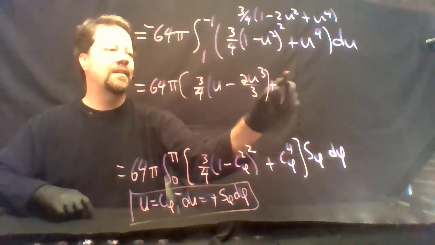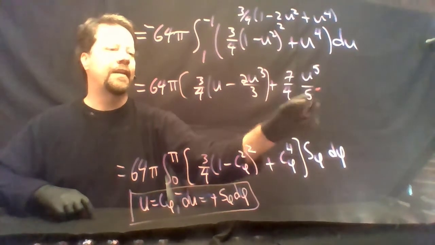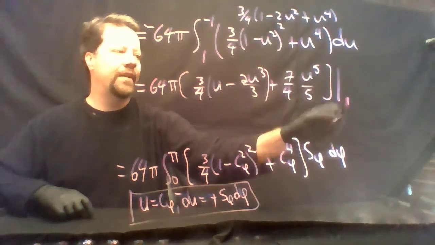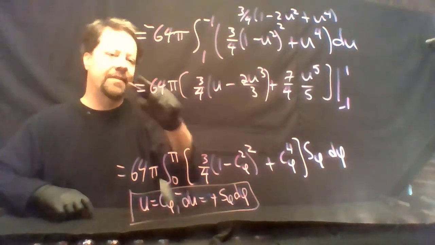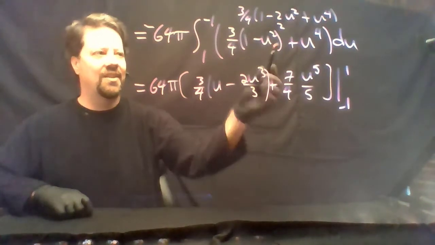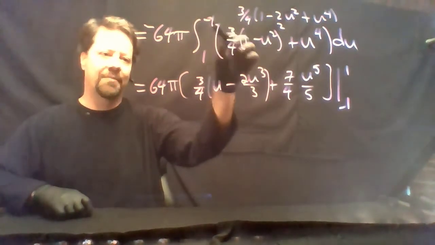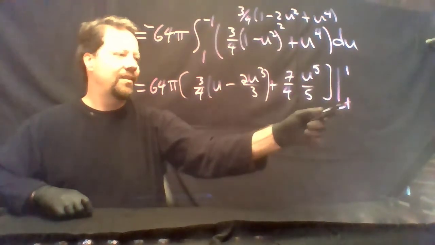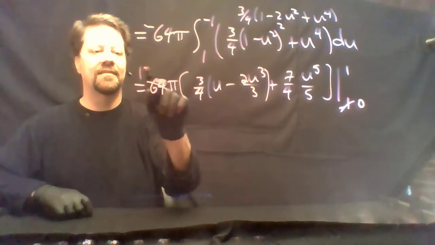That will be 7/4 u to the fifth over 5, evaluated from -1 to 1, having reversed the order of the limits of integration to get rid of that minus. You can see that the integrand above was even, and we're evaluating from -a to a. You can just as easily evaluate from 0 to a and double it.